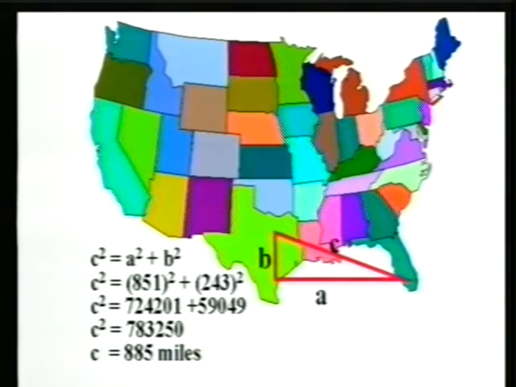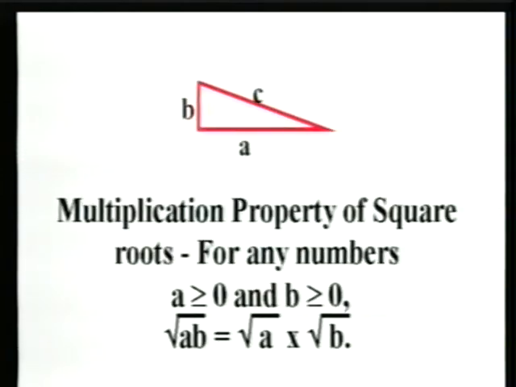Now there's another way to do that. Let's take a look at using what's called the multiplication property of square roots. And that is, for any numbers a greater than or equal to 0, b greater than or equal to 0, the square root of a times b equals the square root of a times the square root of b.